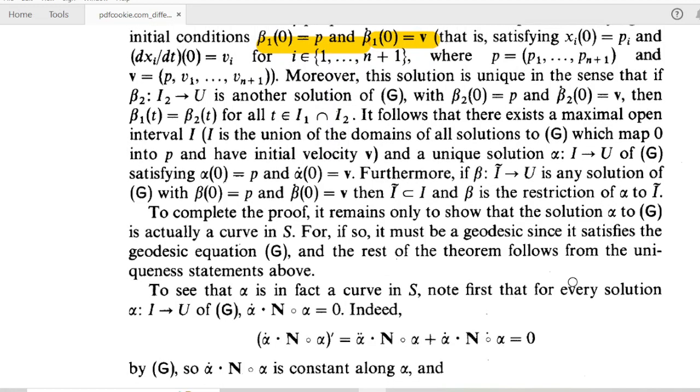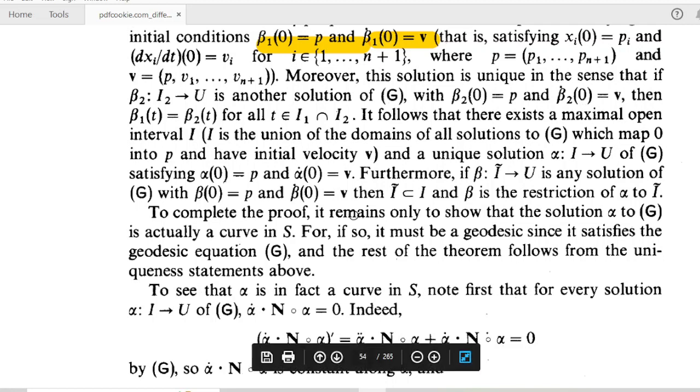So this much is completely from the existence and uniqueness of solutions of a differential equation. We sometimes also call it Picard's theorem in differential equations.